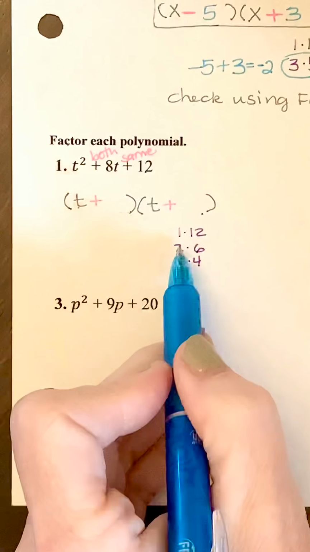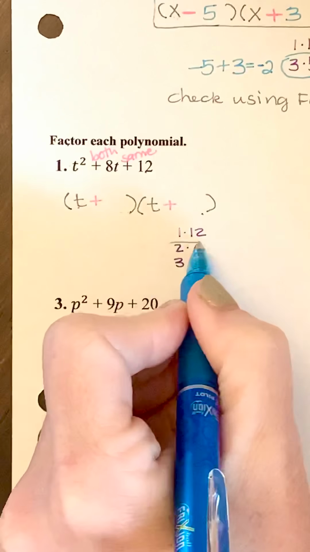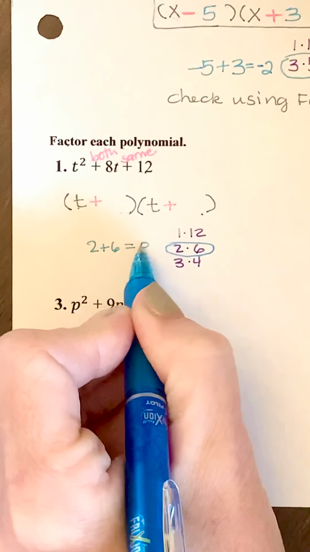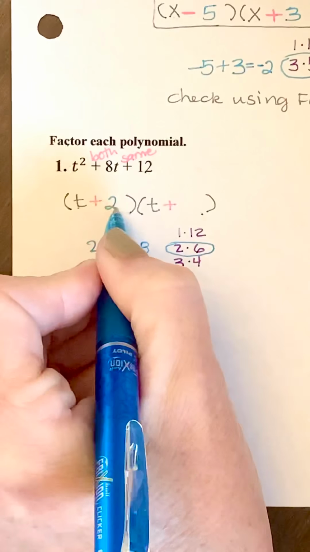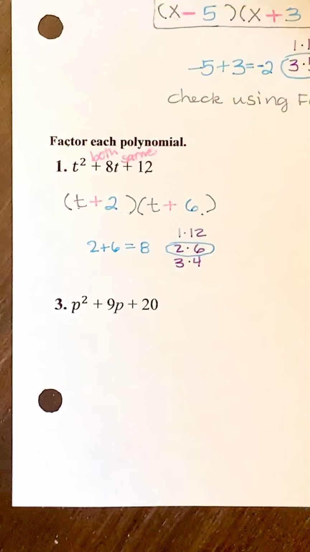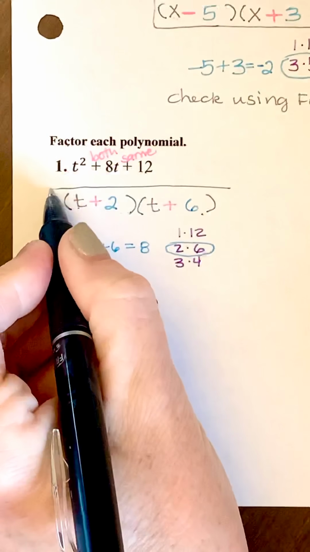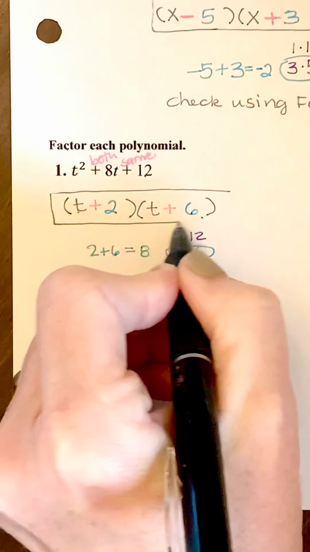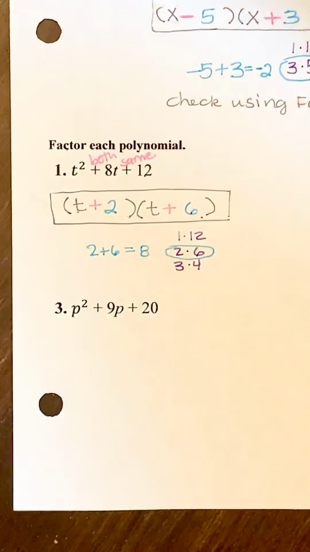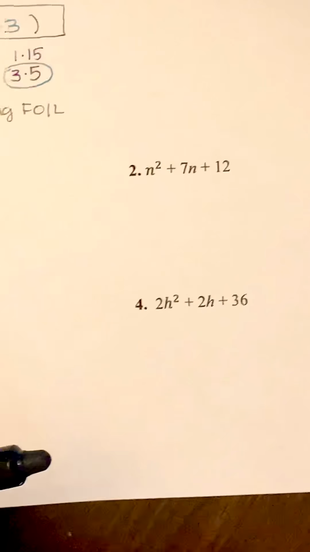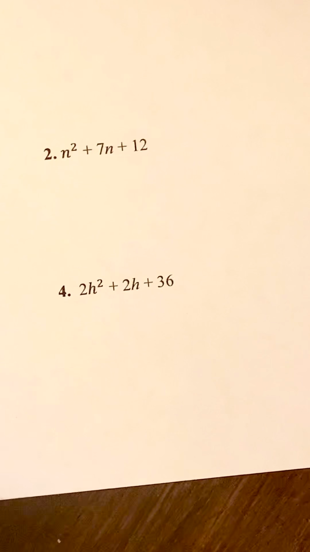So we remember both signs are going to be positive. So it's 2 plus 6, that equals 8. So we'll have a 2 and a 6 for the last spots of each binomial. Okay? All right, now pause it and work number 2.